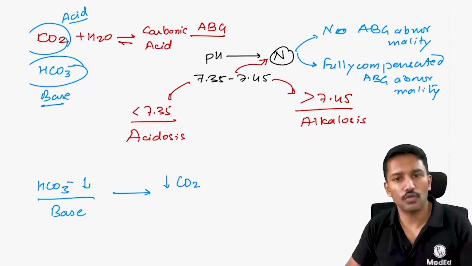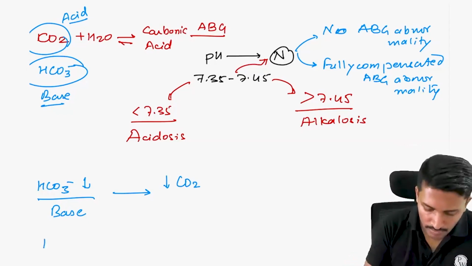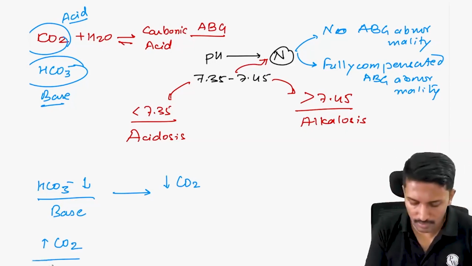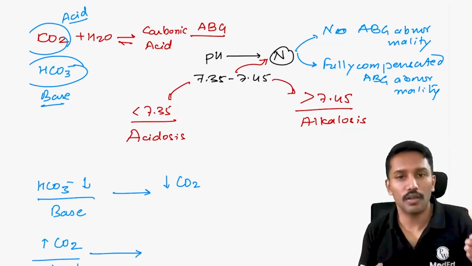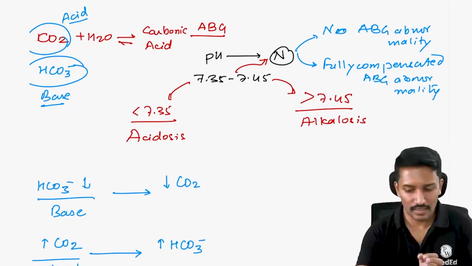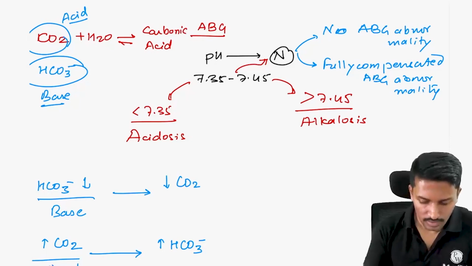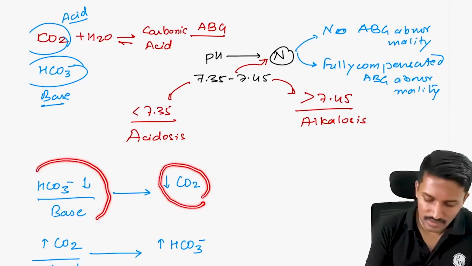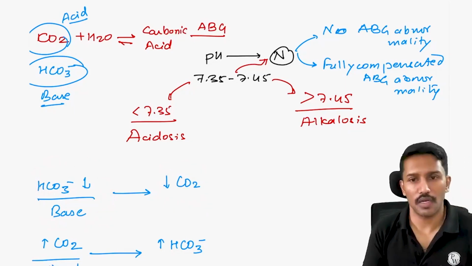The vice versa is also true, right? For example, if my lungs have failed to eliminate carbon dioxide, I am building up too much acid in the body. Now to compensate for that, I need more quantity of base. So there should be increased retention of bicarbonate by the kidneys. So can I say that the direction of movement of the compensatory mechanism is the same as the direction of movement of the primary abnormality?